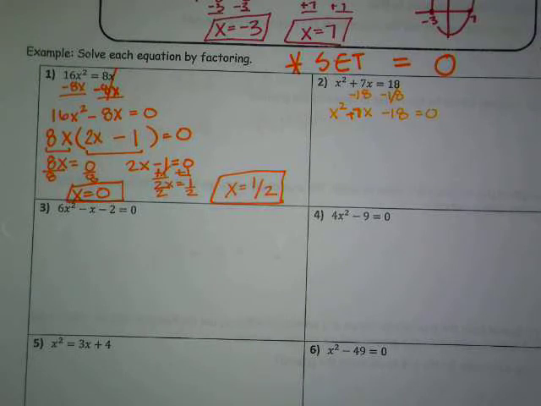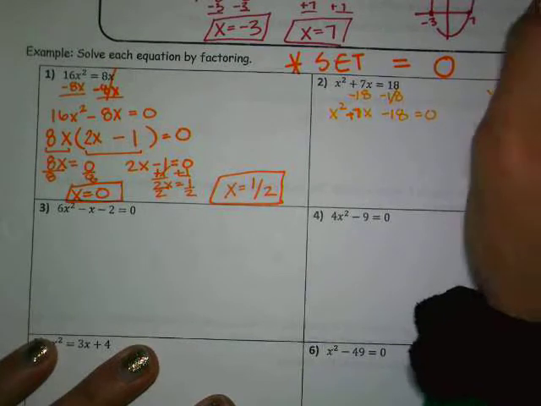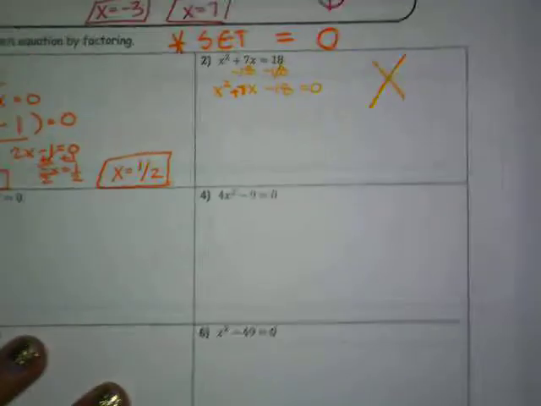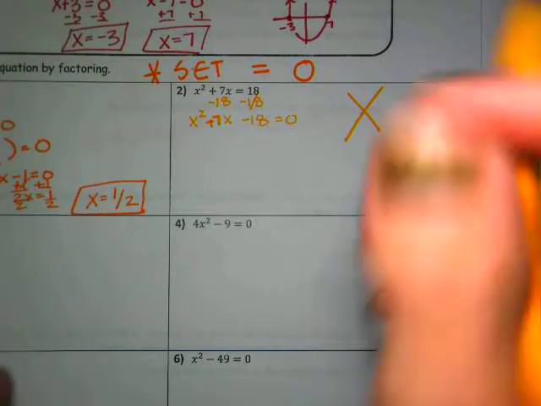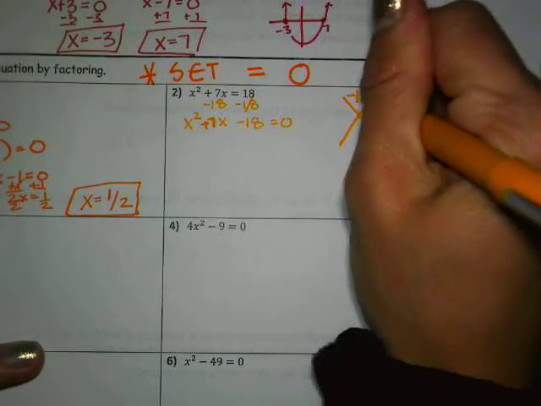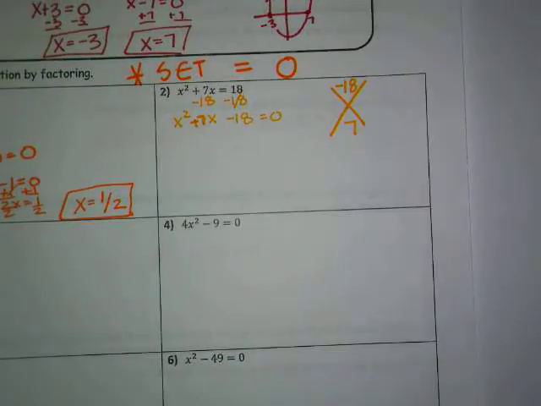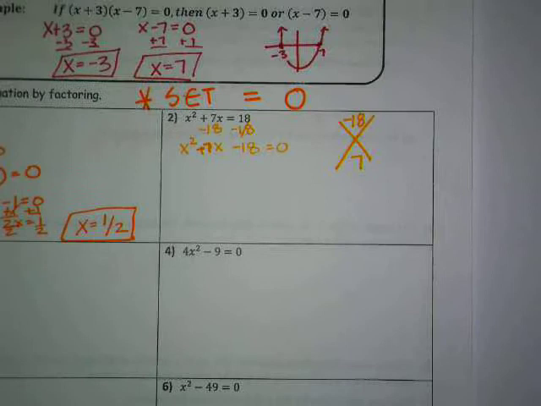All right. How many terms do you have? The 3 terms, so you have to do the x method. Yes. What is going on top of my x? -18. What is going on the bottom? 7. What two numbers multiply to give me negative 18, but add to give me 7? 9 and negative 2. Very good.